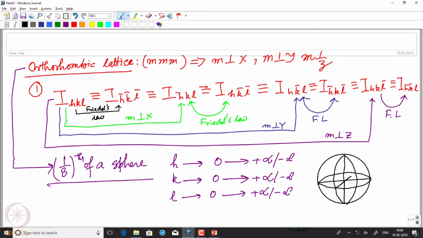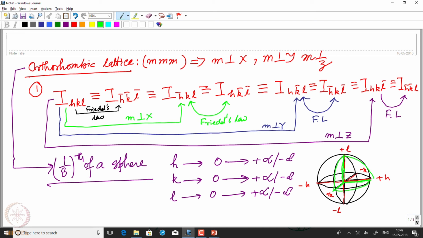starting from the origin, which is here, one can have plus H and minus H, plus K, minus K, plus L to minus L. So now if we just want 1/8 of this particular sphere, we are only trying to record a data falling in this small segment marked in green.